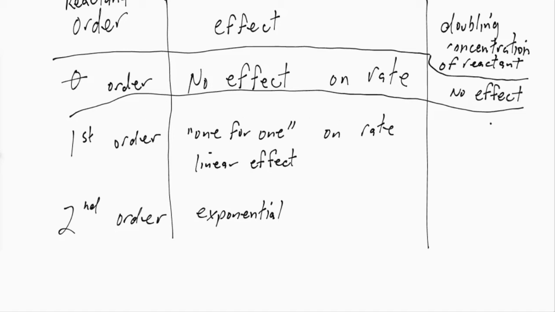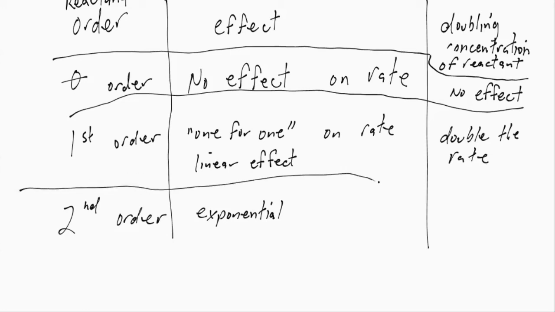If it's first order, we double the reactant. If we double it, then it will be double the rate, or twice as fast. Second order, if we double the concentration, oops, sorry about that, it'll quadruple the rate of reaction.